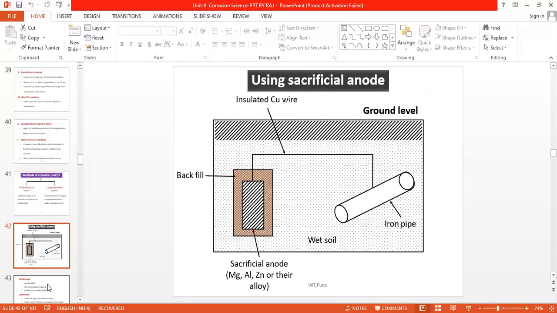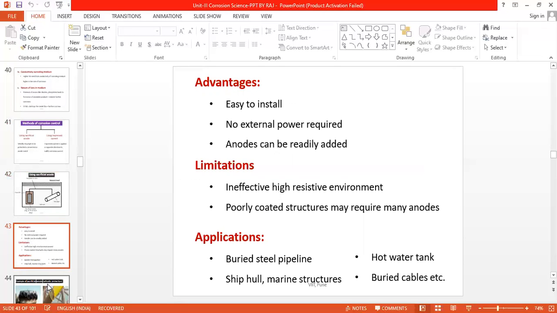So here we will see what are the advantages of this sacrificial anode. It is easy to install, no external electricity or power is required. Anodes can be readily added. Limitations of this method: ineffective in a high resistive environment.